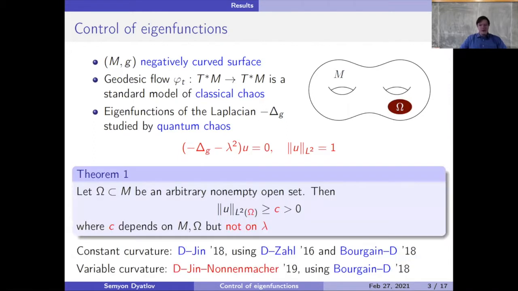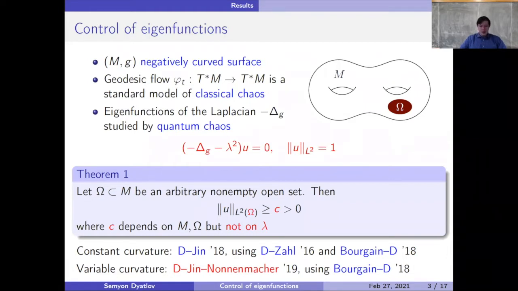All right, so here's the result. Let's take a non-empty open subset of your surface. Then the theorem is that the L2 norm of the eigenfunction on that set is bounded below, so bounded away from zero, by some constant, which of course depends on the surface and on the set, but does not depend on the frequency. So it doesn't deteriorate as the frequency goes to infinity. It's a lower bound on its L2 mass, uniform in frequency or in eigenvalue.